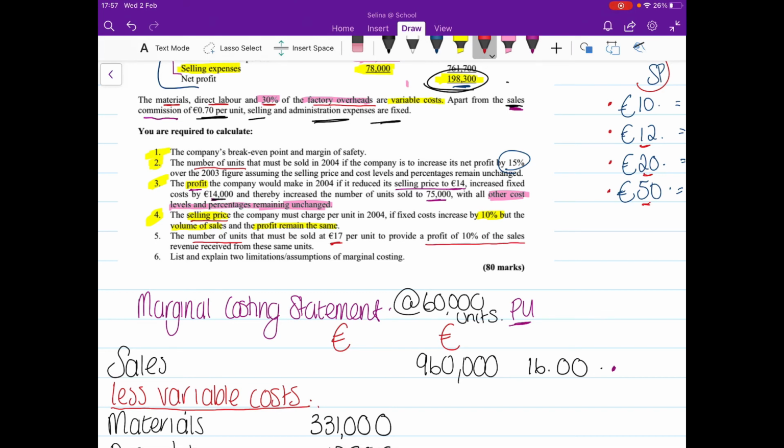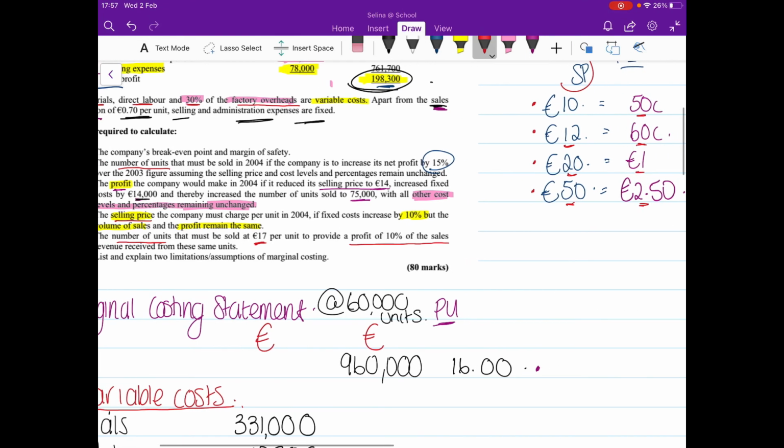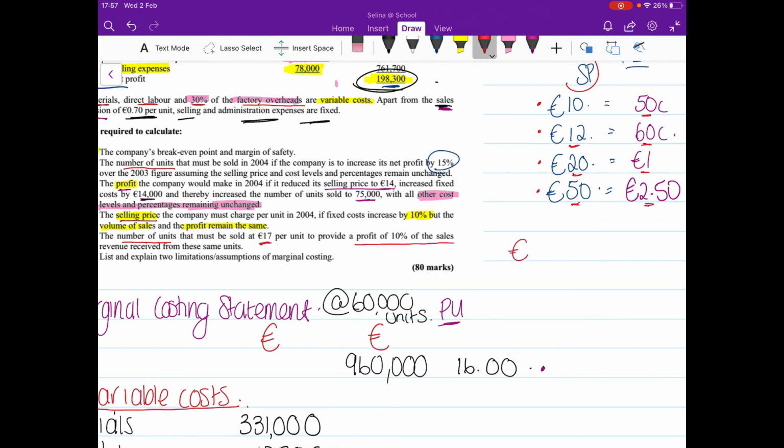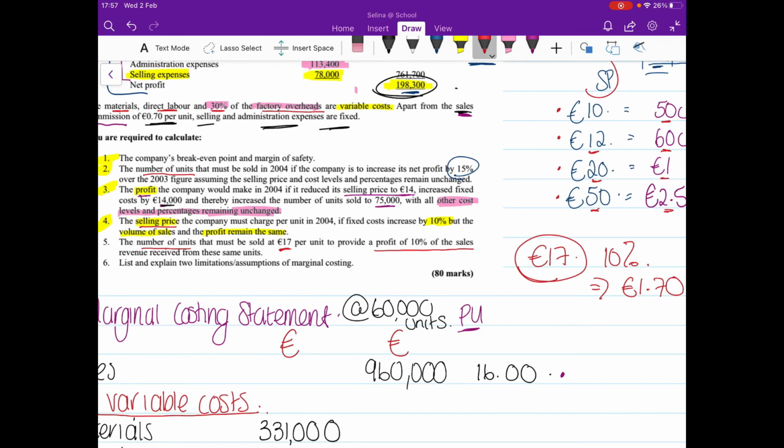It sounds like a bit of a mouthful, but it basically means if you're selling an item for €17, you want the profit to be 10% of the revenue. So if the revenue is €17 and your profit is 10%, your profit will be €1.70. So it's how many units do we have to sell at €17 per unit to get a profit of 1.70 per unit.